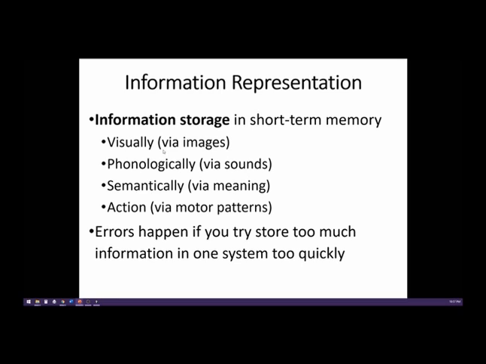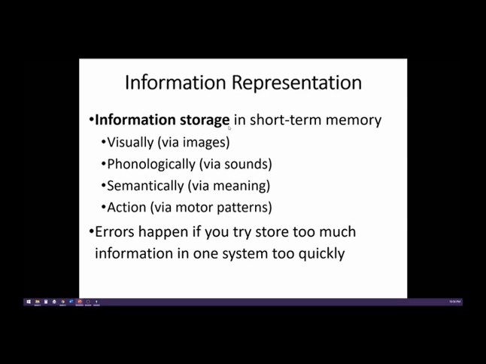And so we've talked about our bits of information, and these bits we've kind of hinted at already can be things like semantic meaning, so a word that has a meaning to it. We could hold on to visual things, we could hold on to images, phonological things, sounds, or even actions, motor patterns. So I could ask you to remember the motion of hitting a baseball or throwing a frisbee, and you could remember that action as a single bit in your short-term memory.